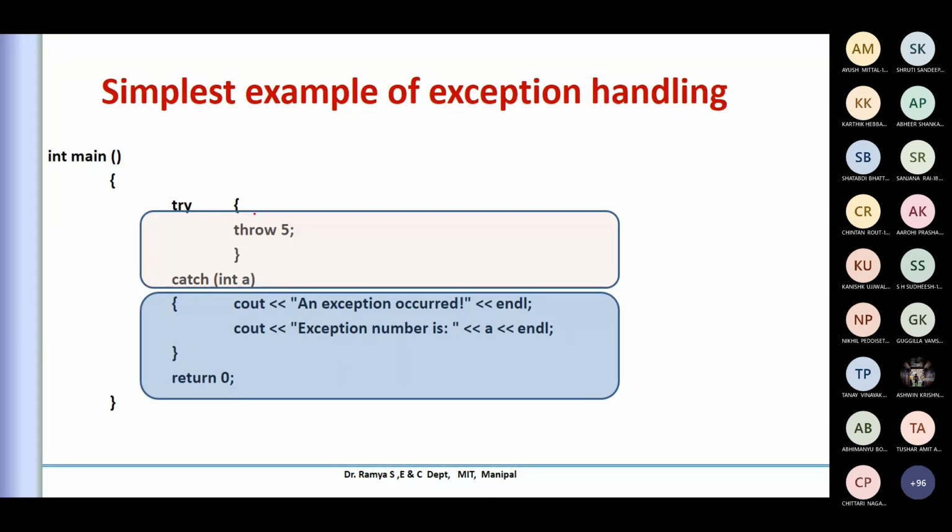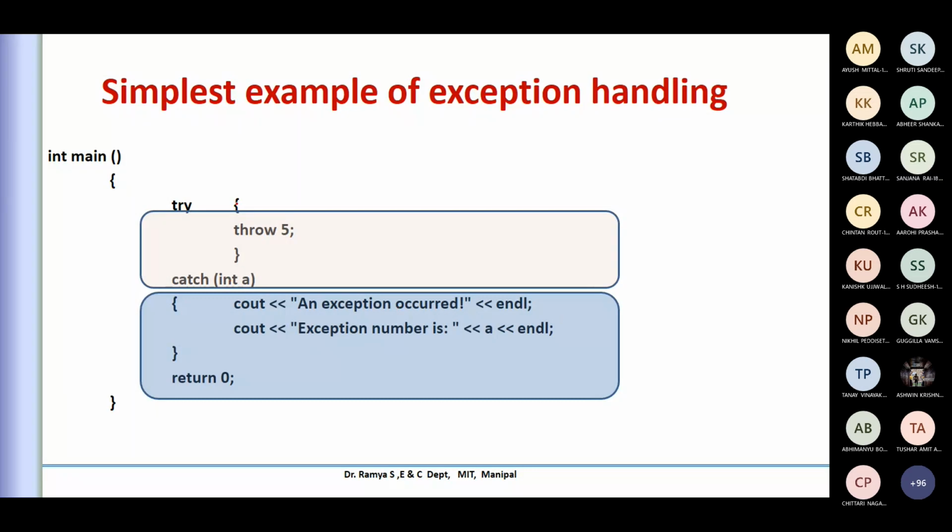I've not written any statement here. As soon as it executes, it throws 5. So it is always executed because it will go to the catch. How will it identify? It is an int, nothing but a number here. You've given throw 5, so it identifies the integer, matches this particular definition, and comes to this catch block.